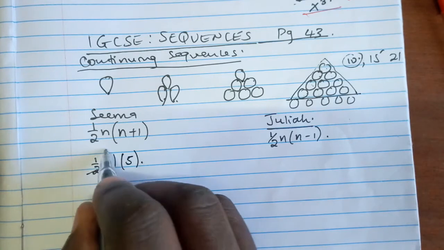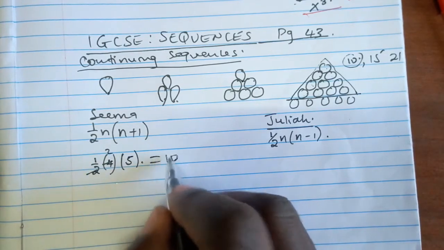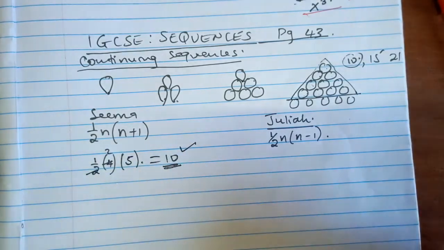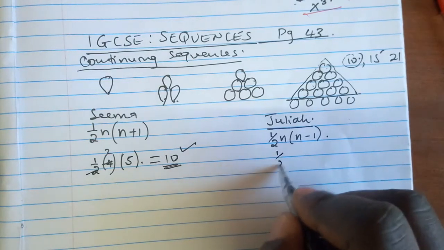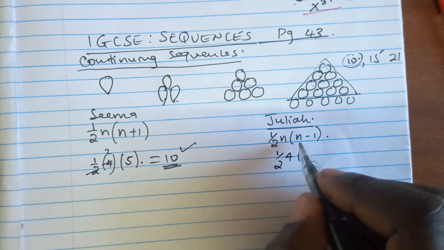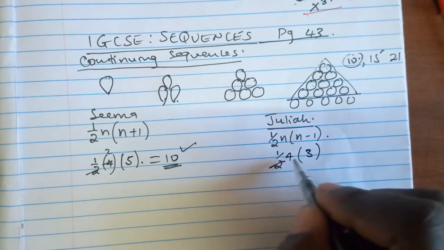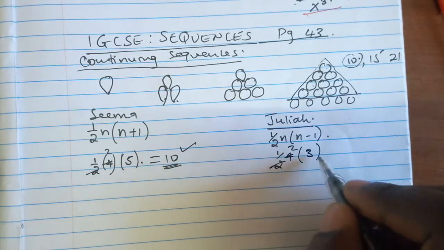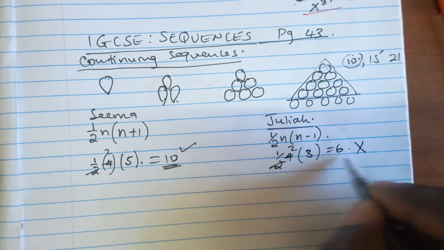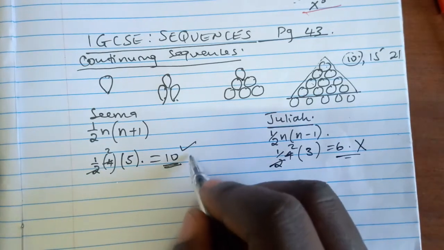Half of 4 is 2, and 2 times 5 is 10. This one looks correct. The other one is a half times 4 times 3, since 4 minus 1 is 3. Half of 4 is 2, and 2 times 3 is 6. This one is wrong. So Seema herself is right.